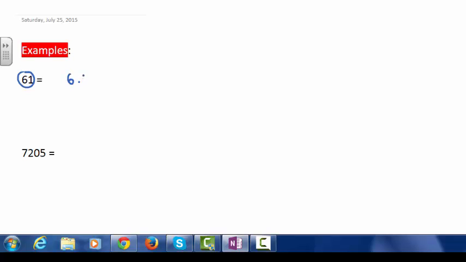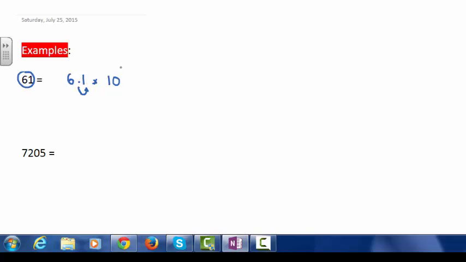So 6.1 is the best choice. 6 is greater than 1 and it's less than 10. Times, I need to transfer 6.1 to 61 because I cannot change the value. So I need to multiply it by 10 exponent. That means I need to move this decimal point one step to make it 61.